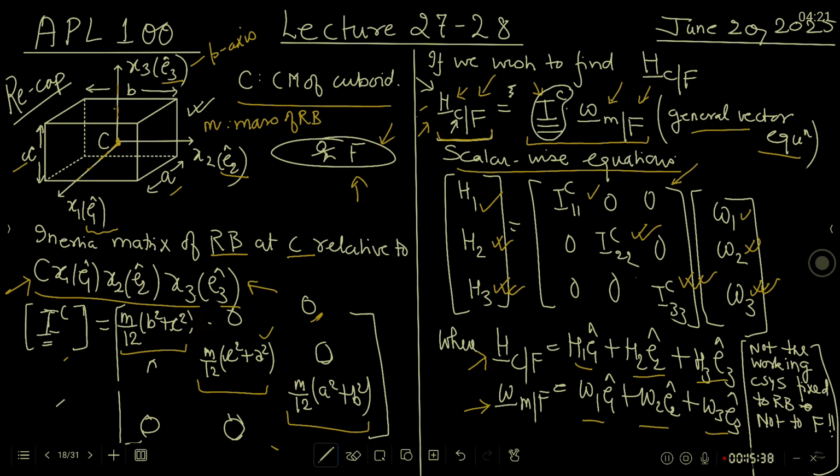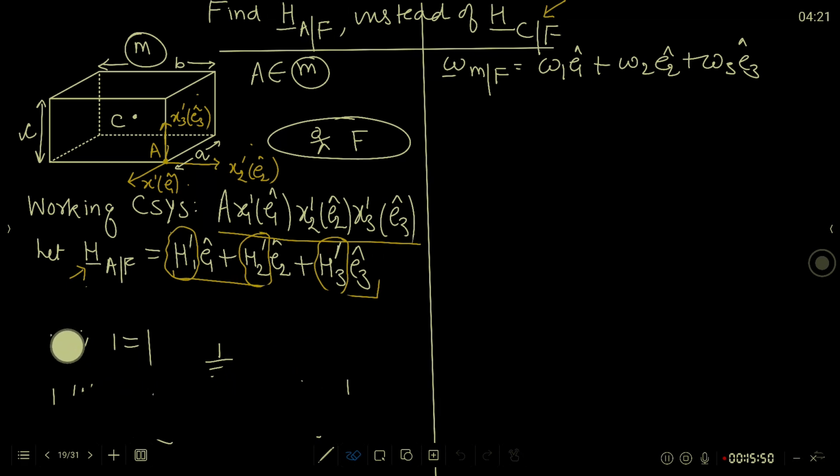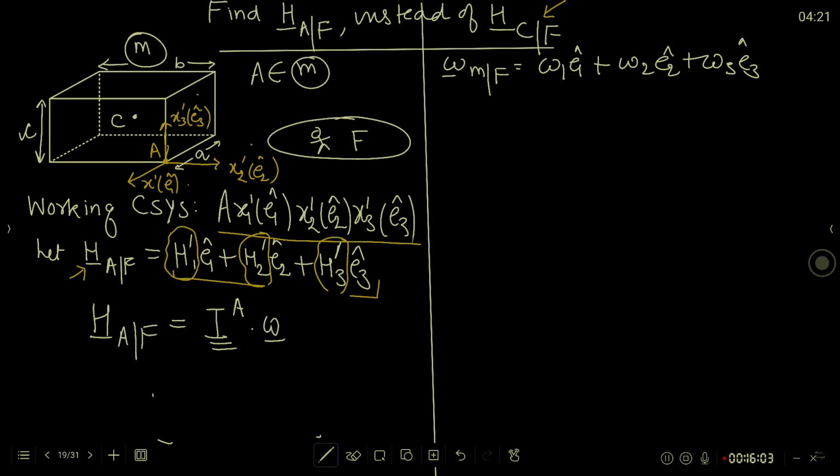Here I am trying to find HAF, maybe I first write the full vector form and then come to the matrix form. Thus on the right hand side I should have IA dotted with omega MF, right?